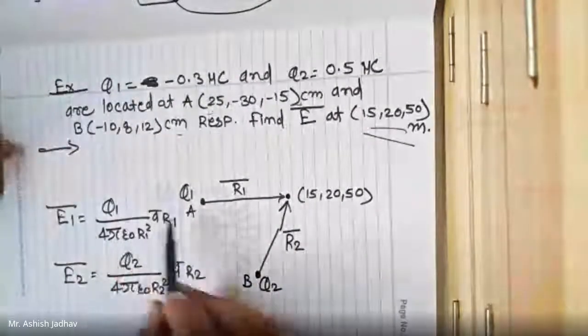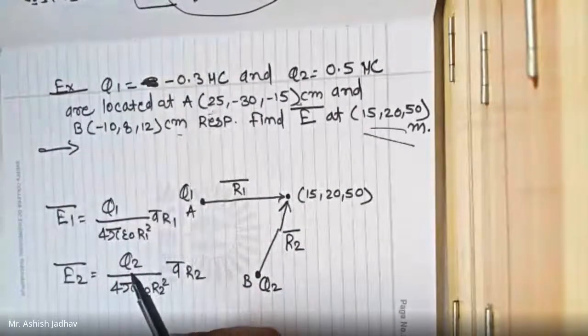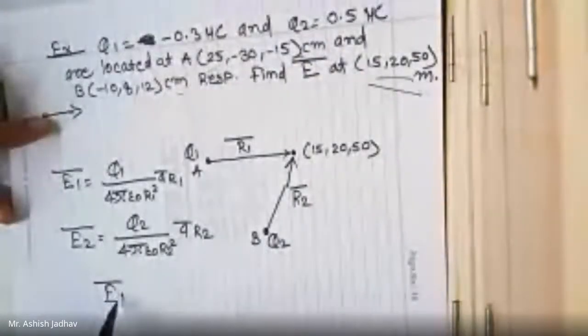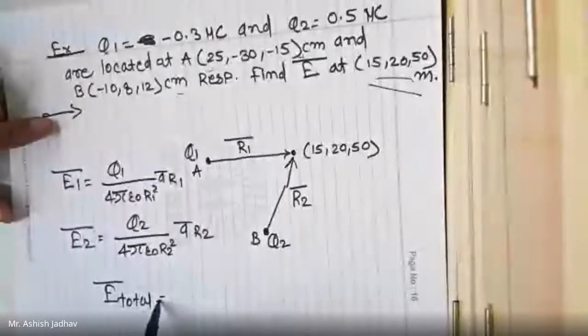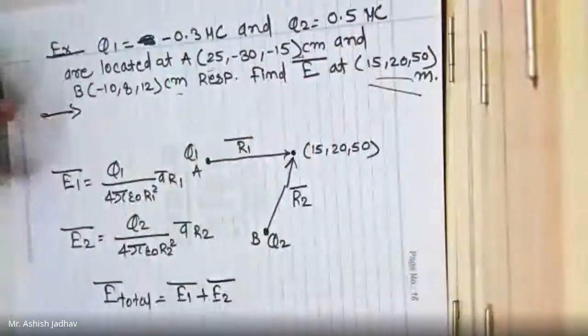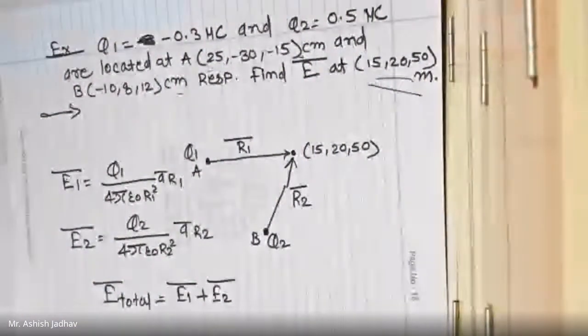Those two formulas you need to use to obtain the total electric field. E total is simply E1 plus E2. Start solving this example and tell me the answer.